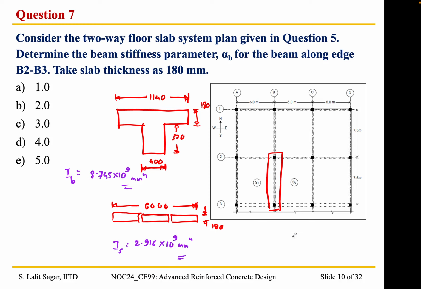Further, alpha B, as we know, is the ratio of IB to IS, and the answer is 3.2. So it is absolutely right. We will move on to the next part of the question.